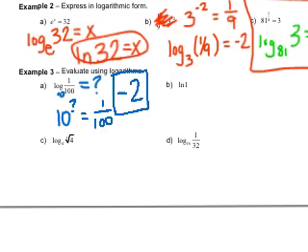Okay, on the next one, B, I need to remember that I have an invisible E right there, and I'm going to say equals what? It is 0, because if you drop and cross, e to what power is 1? This is one of those that we talked about yesterday. There's only one thing that will do this, and it's 0.